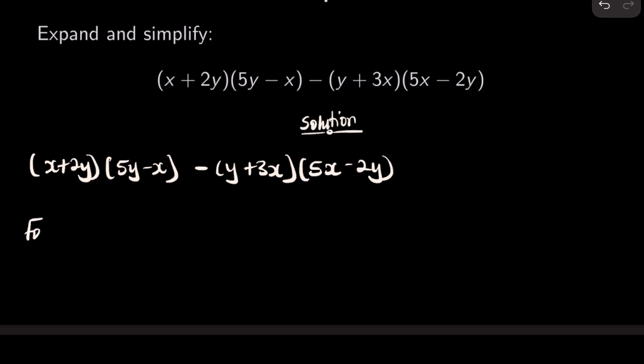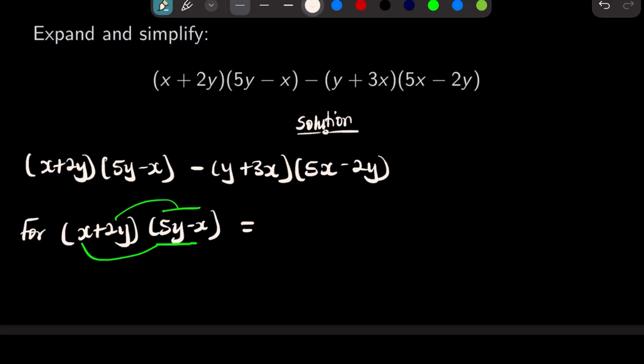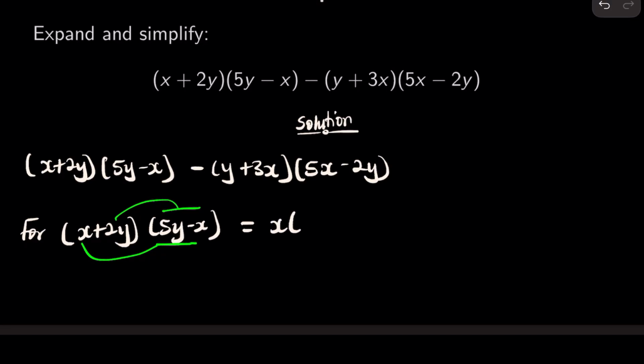So for the first product, which is x plus 2y multiplying 5y minus x, this will multiply this and this will multiply that. And so we are going to have x multiplying 5y minus x, then plus 2y multiplying 5y minus x.